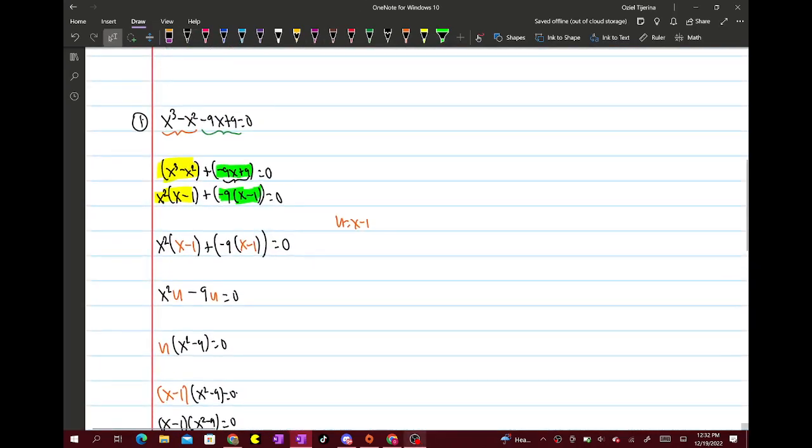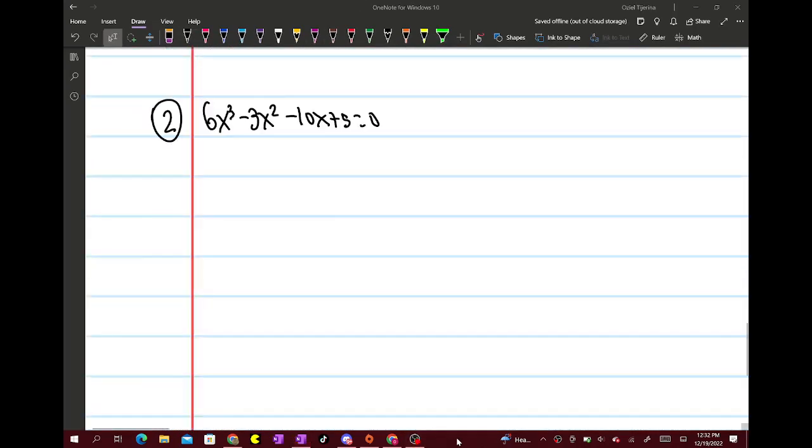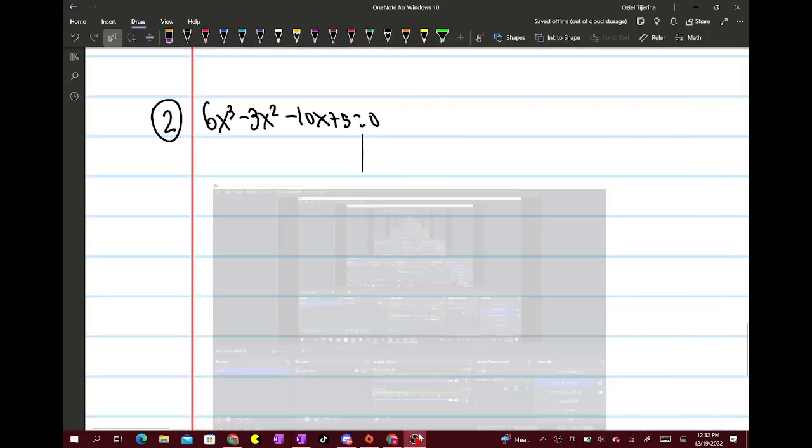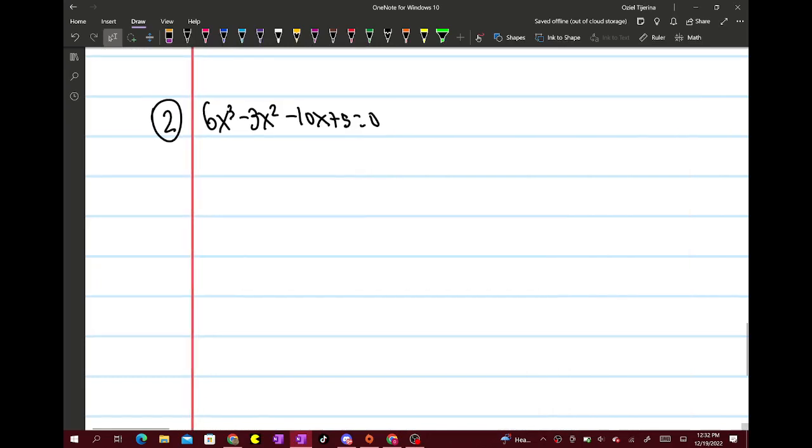So let's move on to the second one. Here we have 6x cubed minus 3x squared minus 10x plus 5 equal to 0. For this one, it's the same idea.